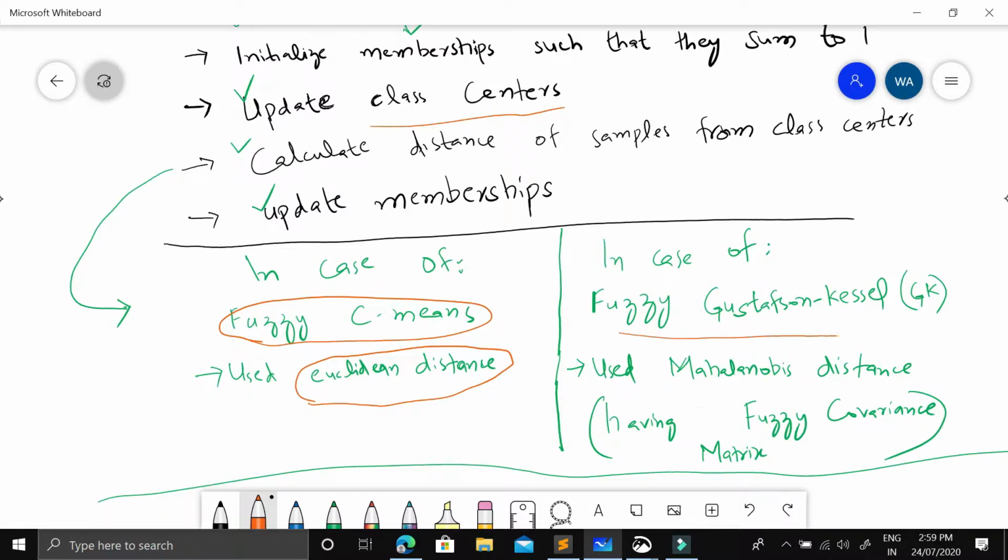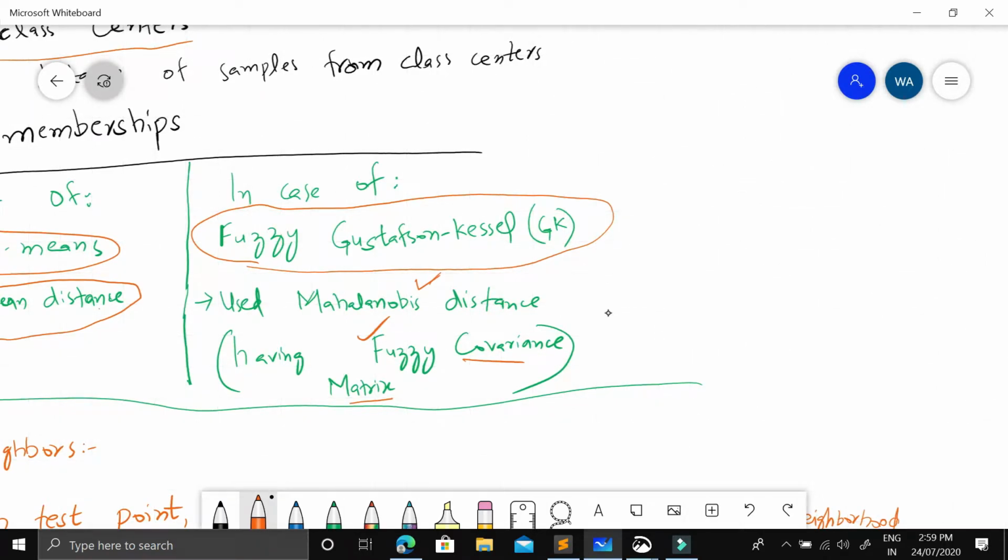But in the fuzzy GK algorithm, instead of simple Euclidean distance, we use Mahalanobis distance, and even the fuzzy form of Mahalanobis distance. This is because we are dealing with membership values, so we also have to incorporate them in finding the covariance matrix. Mahalanobis distance makes use of the covariance matrix, and the benefit is that it captures the spatial continuity in space.